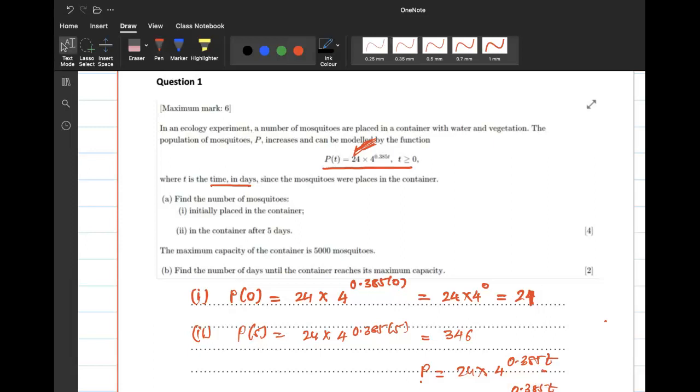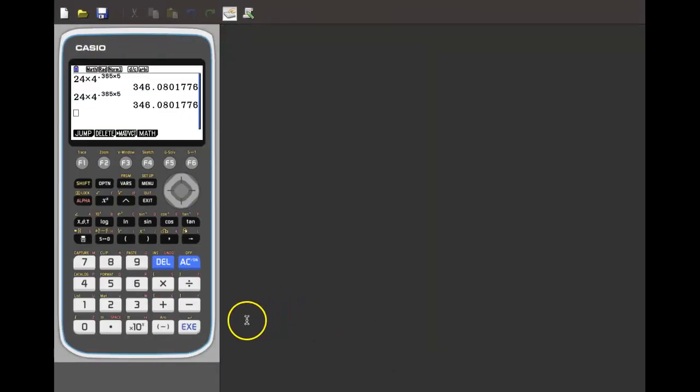So let's do that. Let's see my calculator. I'll do option, calc, solve. You do 5,000 equal to 24 × 4^(0.385x).